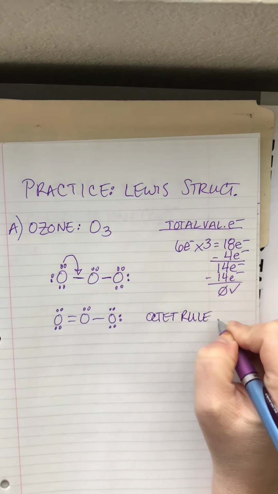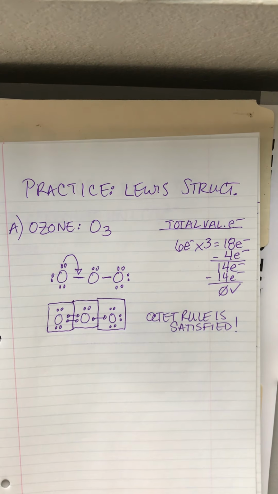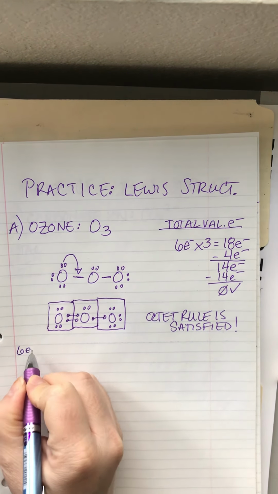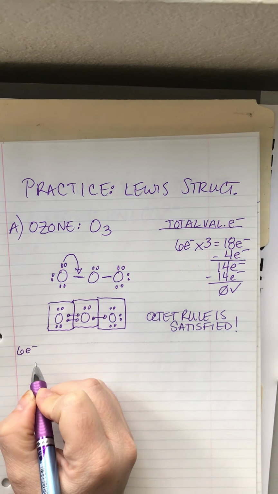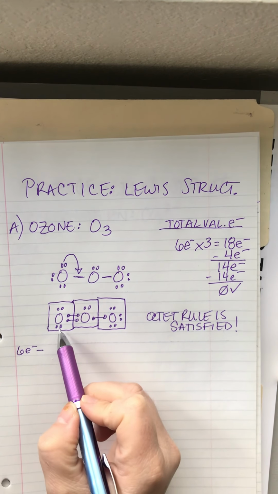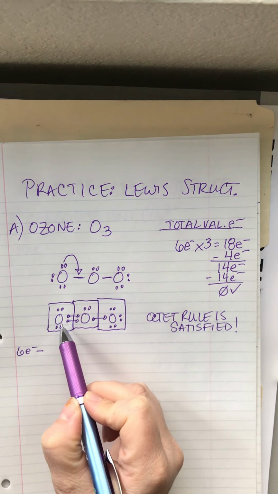I like to do this by drawing in all of the electrons represented by these double bonds and sectioning off each of the atoms so that I can see how many electrons are directly around it. First I have this oxygen. Oxygen comes to the table with 6 electrons, how many valence electrons it started with, and I subtract the number of electrons it has directly around it.